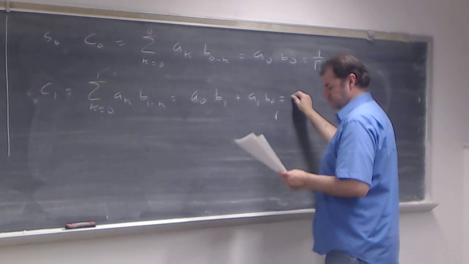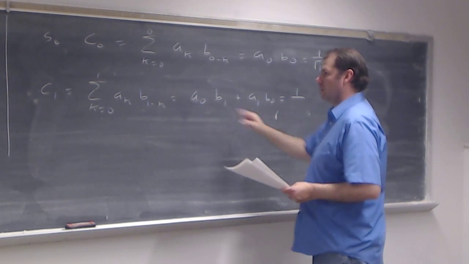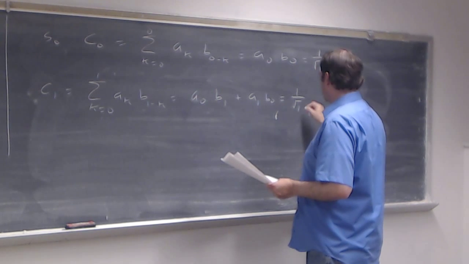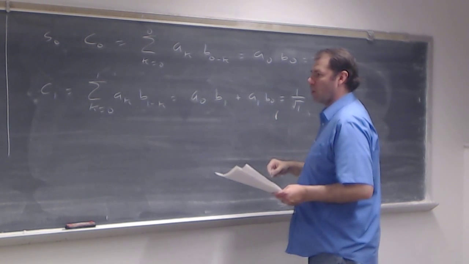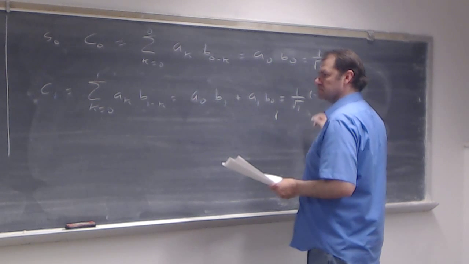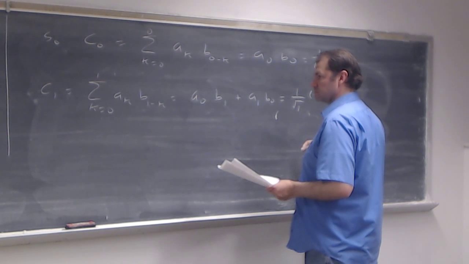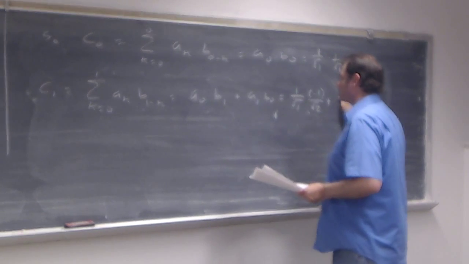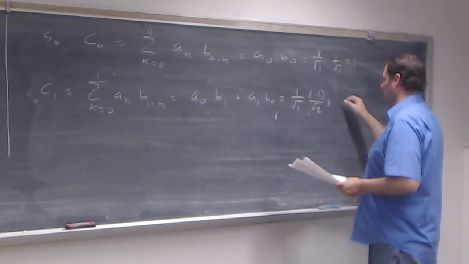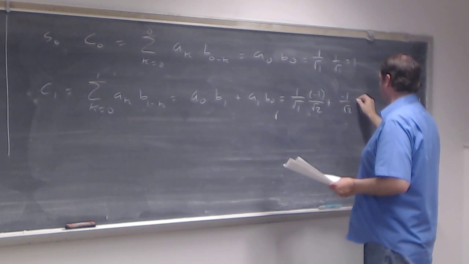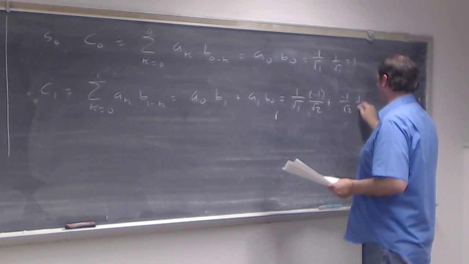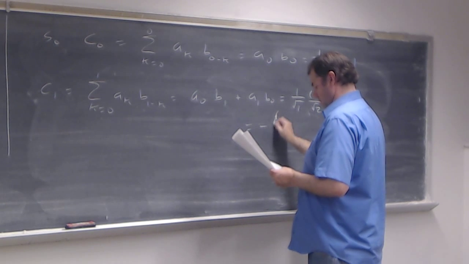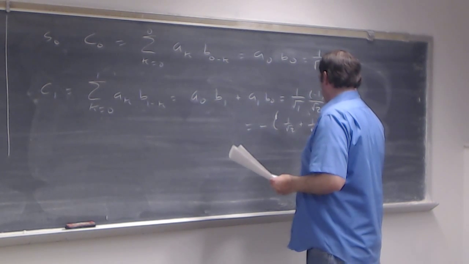That is equal to 1 over the square root of 1 times b sub 1, which is minus 1 over the square root of 2, plus, here the a sub 1 is going to be minus 1 over the square root of 2, and b sub 0 is 1 over the square root of 1. And so what we end up getting there is minus 1 over the square root of 2 plus minus 1 over the square root of 2.